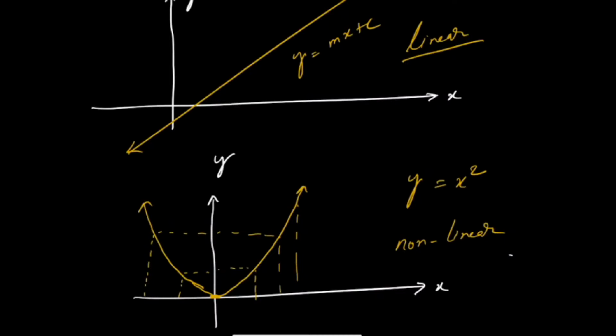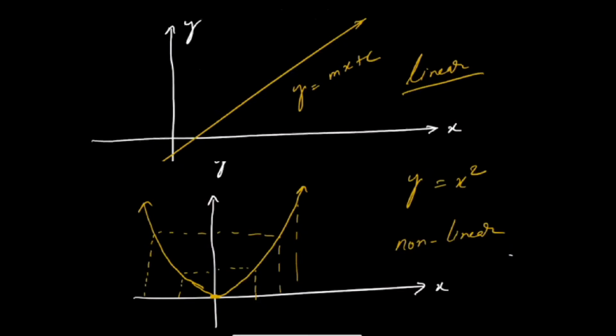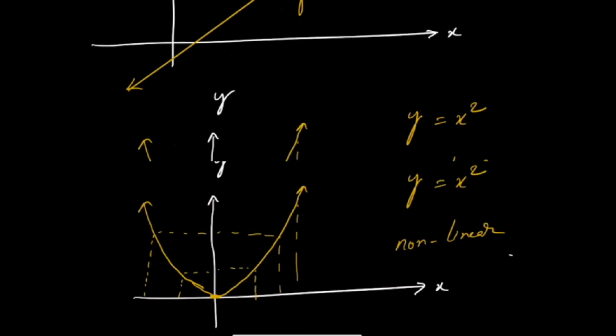Now, what is the difference between linear and non-linear equations? When you have a linear equation, the slope is the same everywhere on this straight line. When you have a non-linear equation, in this case, the slope is different at different points.